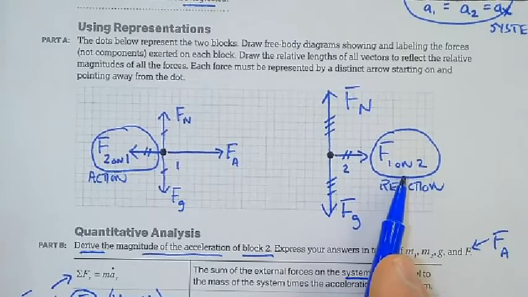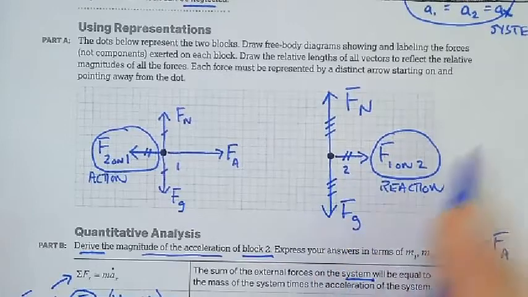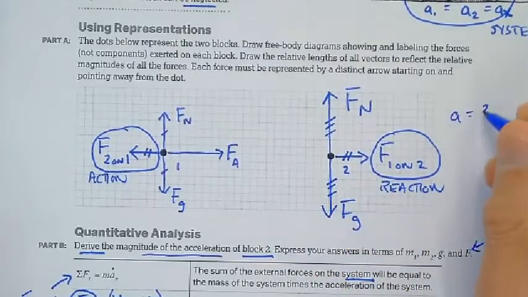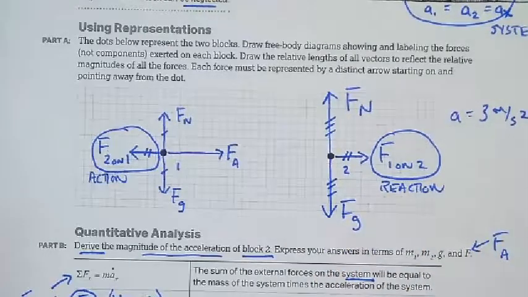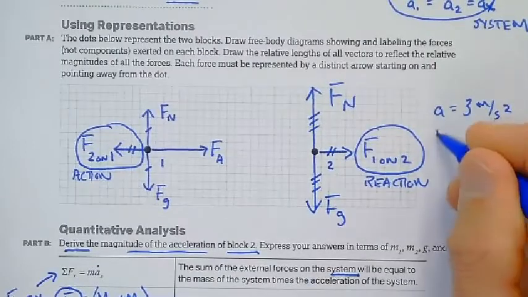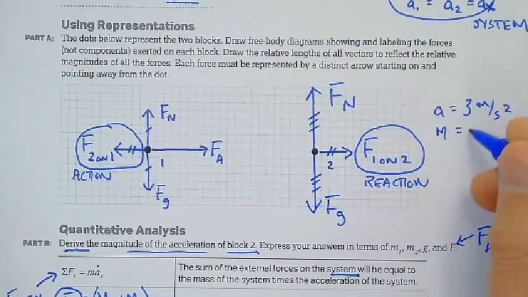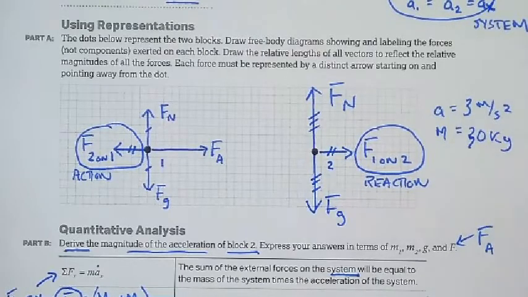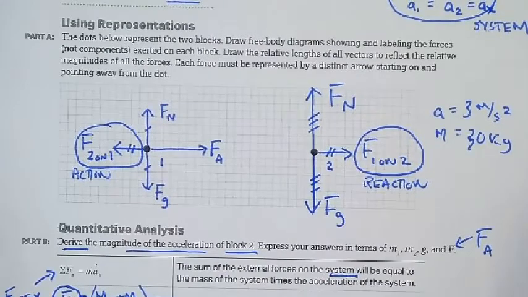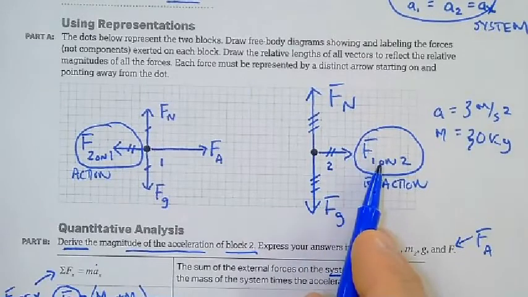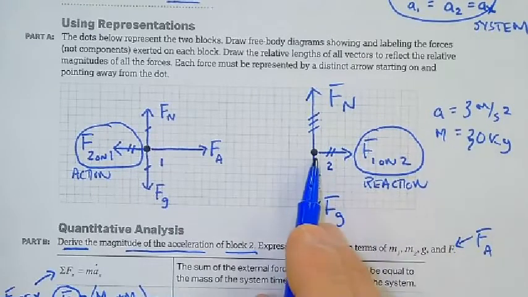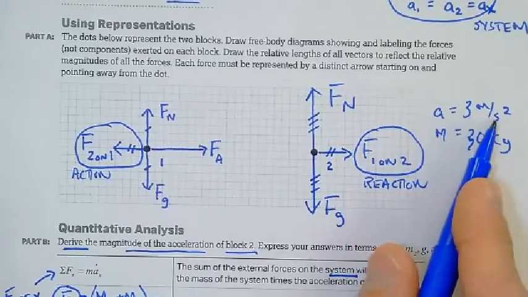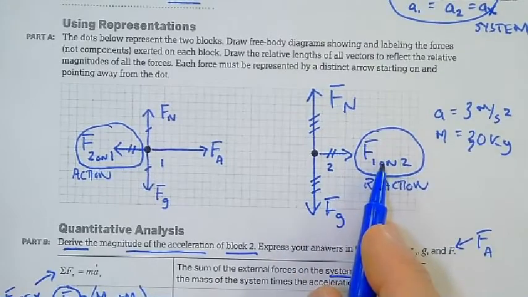And here's the key. For object 2, you know that it accelerates at 3 meters per second squared. Okay? And you know that the mass of object 2, we said, was 30 kgs. And so it should be totally possible to find the force that causes that acceleration. Maybe you can do it in your head right now. You've got 30 kgs accelerating at 3 meters per second squared. What force causes that? And of course the answer is 90 newtons.